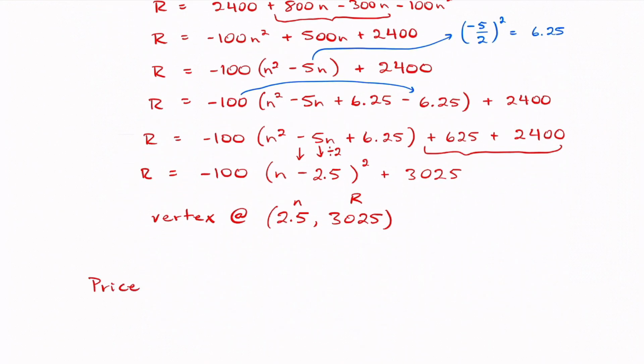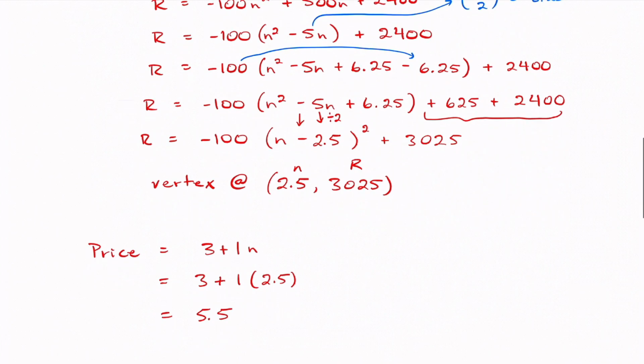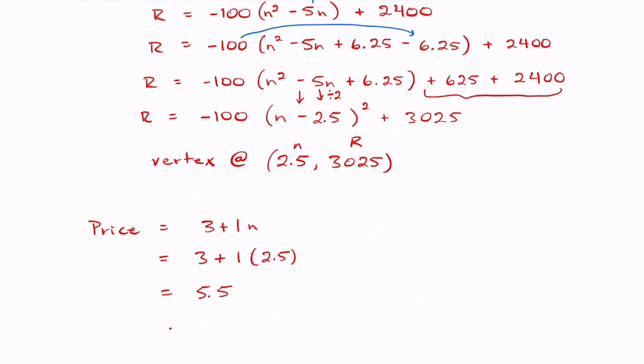Price is equal to 3 plus 1 times N. And then our price is going to become 3 plus 1 times 2.5. And what I get from that is 5.5. So if you had a price of 5.5, really that's saying our price is $5.50. So there's our price.